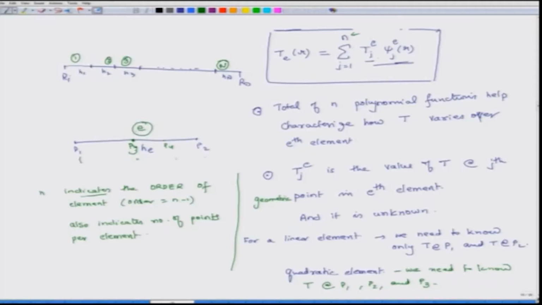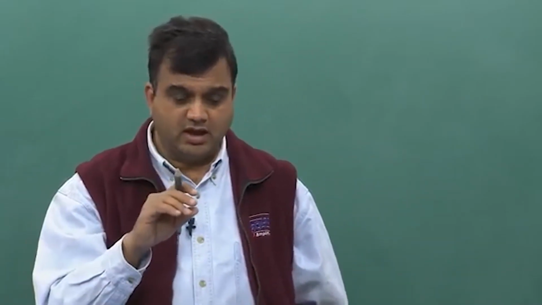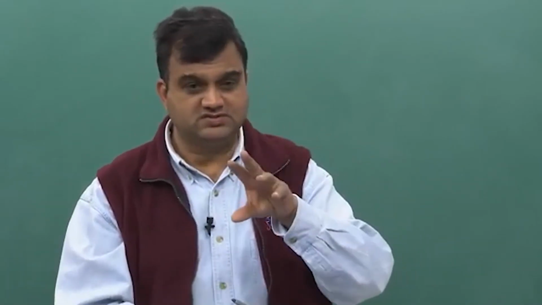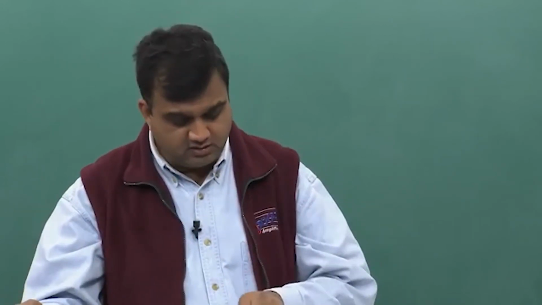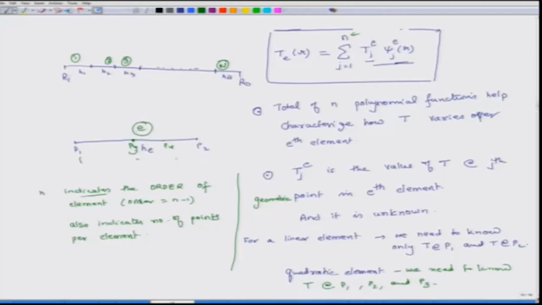Now these functions will not be as simple as this, the way I have explained. They will be a little more complicated, but ultimately when you do all the analysis, it boils down to this: if you have n functions and the amplitude of each function is 1 in a normalized way, then at each point whatever is the value of that function, it will indicate the value, the displacement or the temperature or whatever. Okay. So that is there.